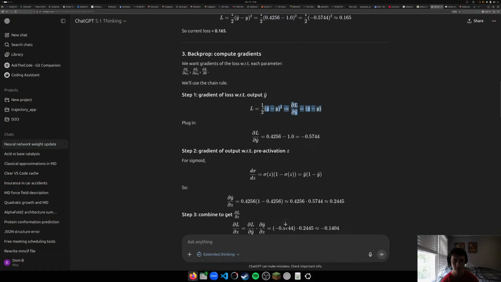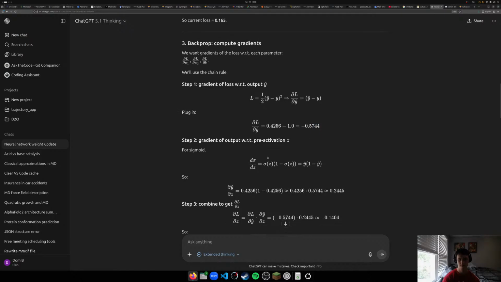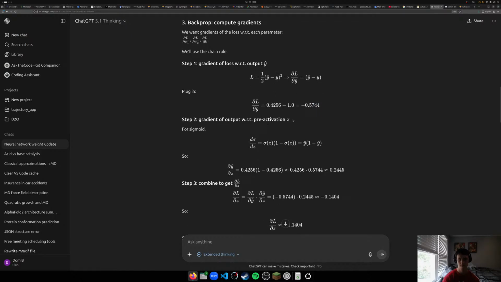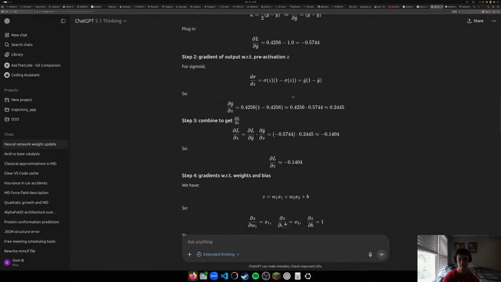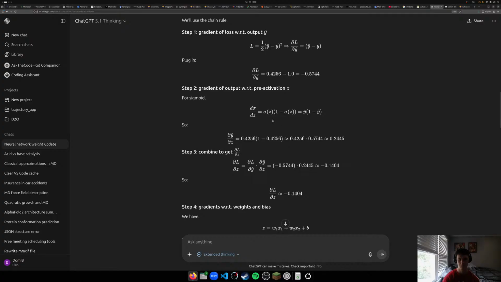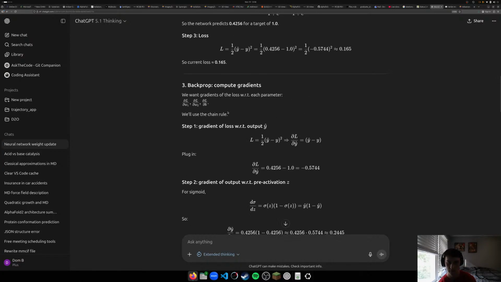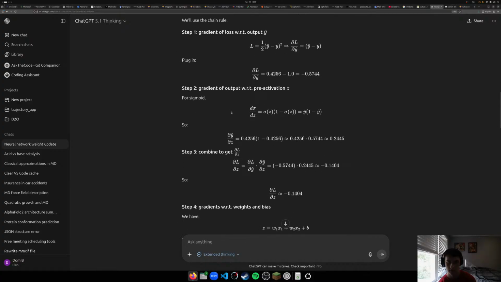Okay, so this is the derivative of that. The gradient with respect to y. For the sigmoid. Pre-activations.